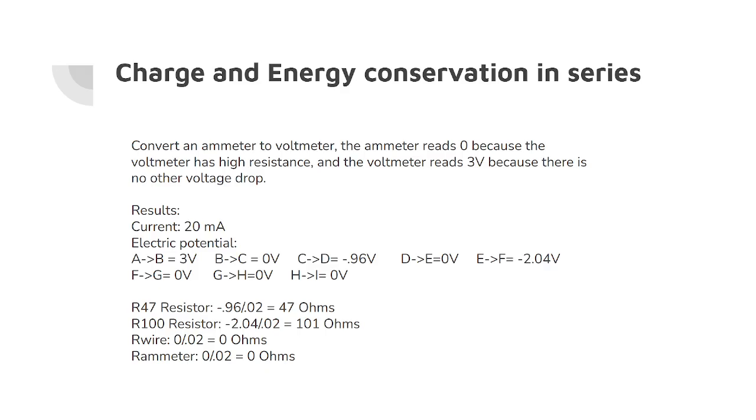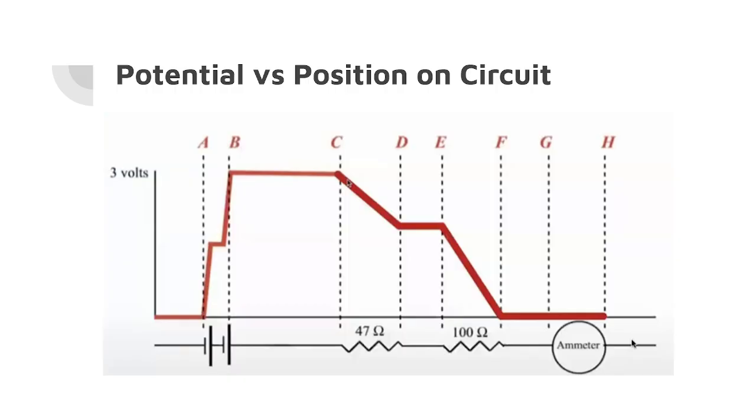We then found that the resistance of the wire and the ammeters were approximately 0 ohms. This is a graph of the potential energy versus the position in the circuit using the numbers that I just detailed.